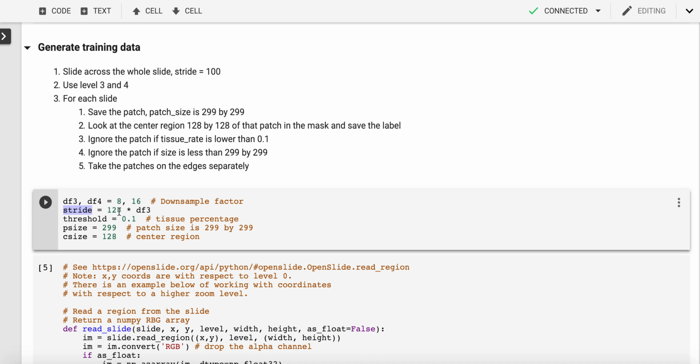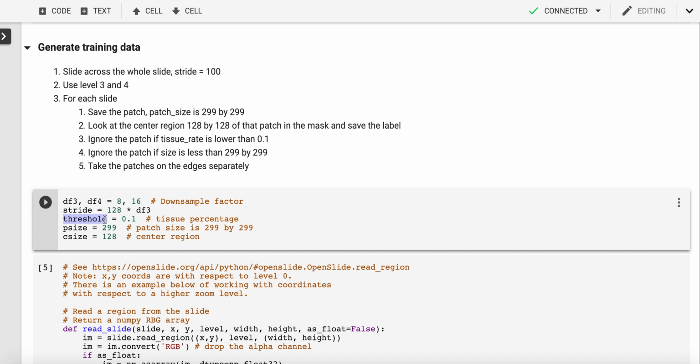Because we classify a patch based on the center area of that patch, whether it contains tumor or not, I wanted to shift that area by this stride. This stride is 128 times the downsample factor of level 3.